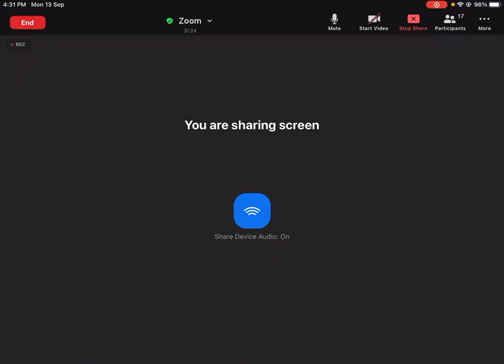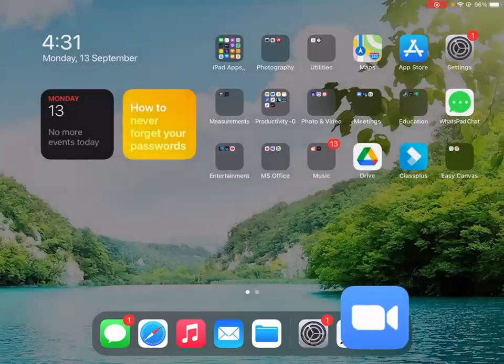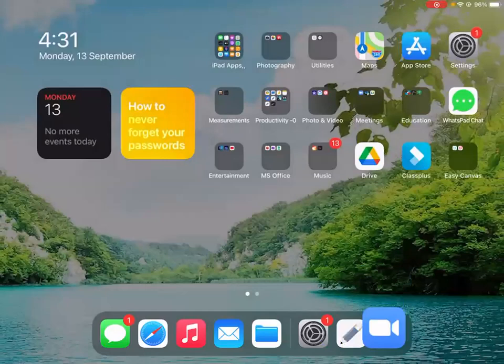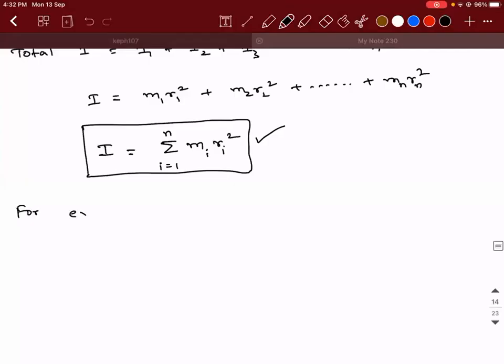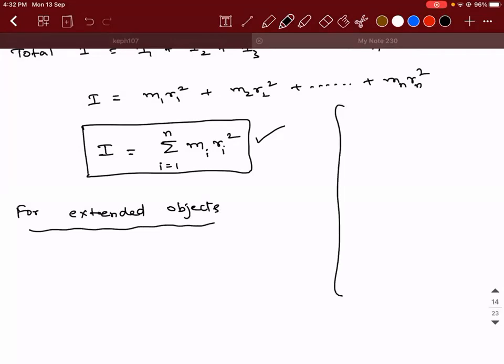But the question is, how will you find it? Let me see how much logic you are applying for extended objects. I'm not going to directly reveal the formula. I'm going to make you think. For that, I'll revisit the concept of center of mass.